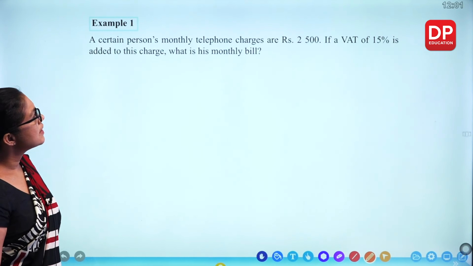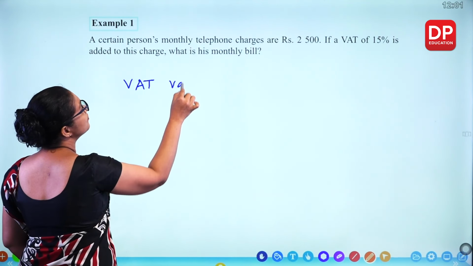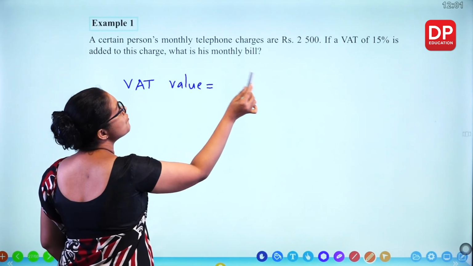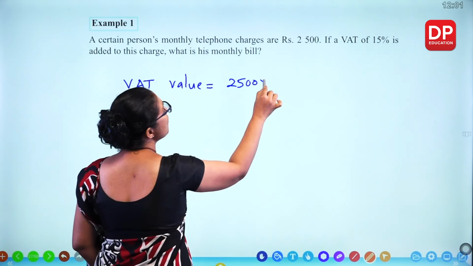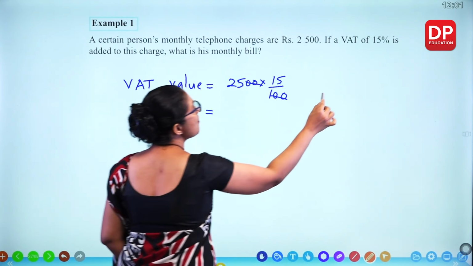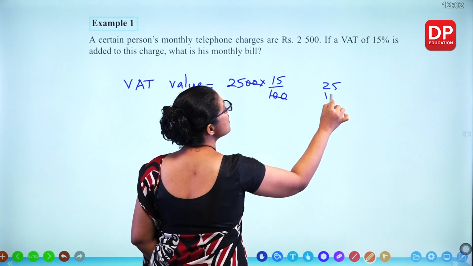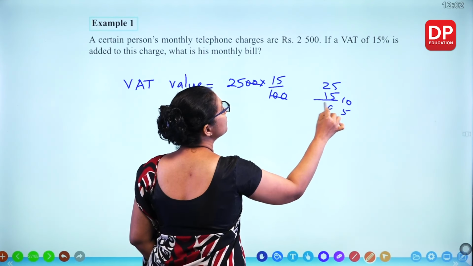So first we can find out the VAT value. 15% of 2,500. 25 times 5, I'll do separately, 25 times 15, 10 and 5. 375 rupees.